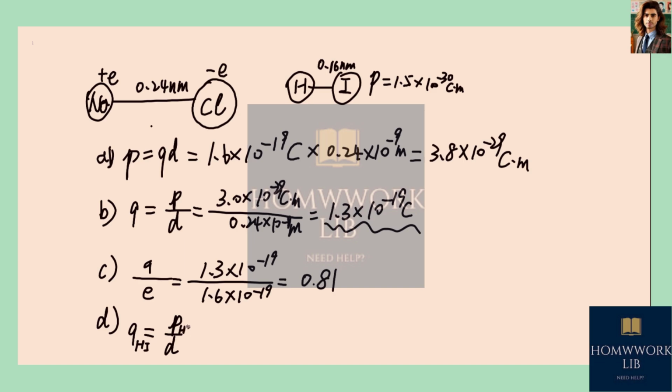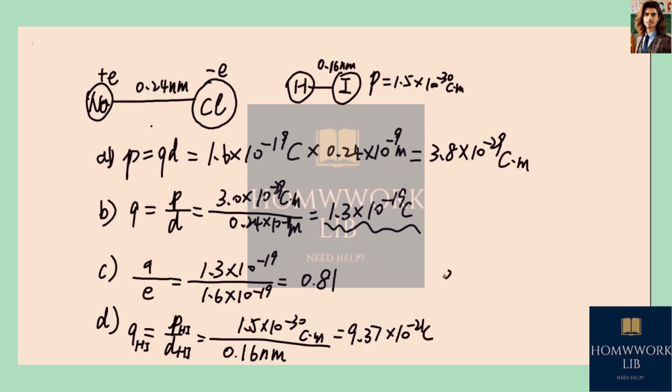For hydrogen iodide, it's 1.5 times 10 to the negative 30 coulomb meter over 0.16 nanometer. And this is 9.37 times 10 to the negative 21 coulomb.